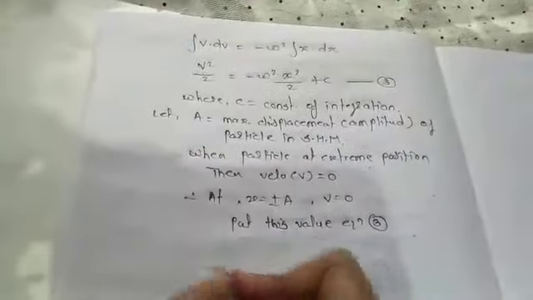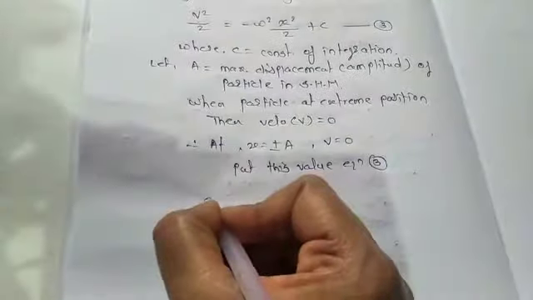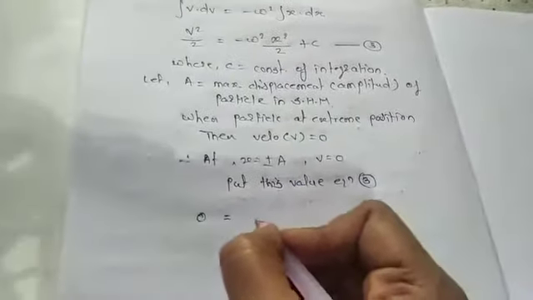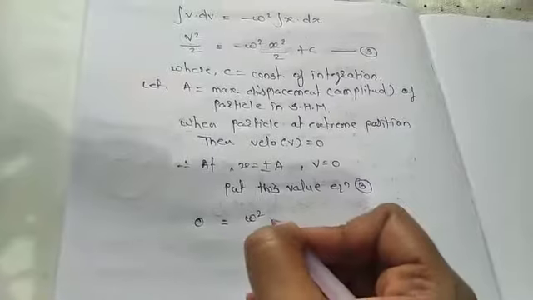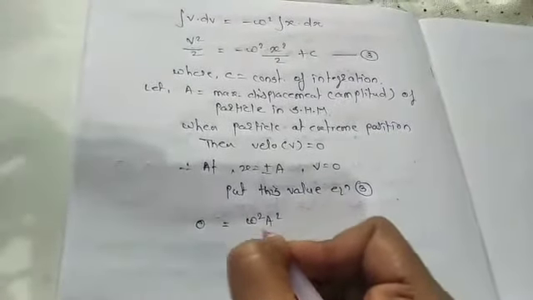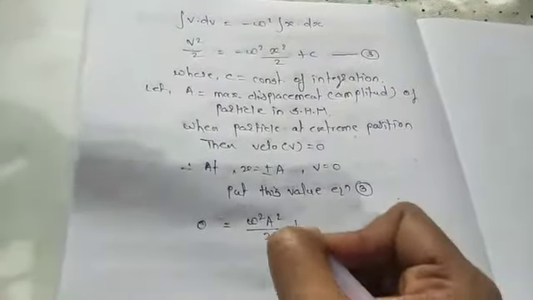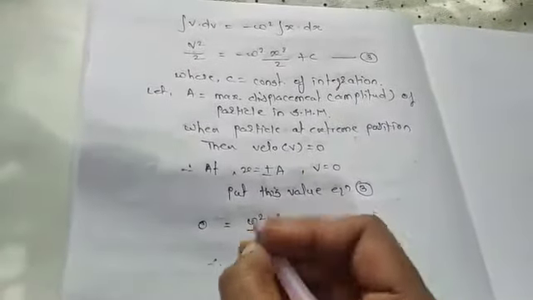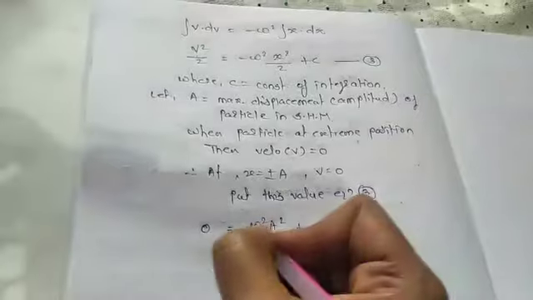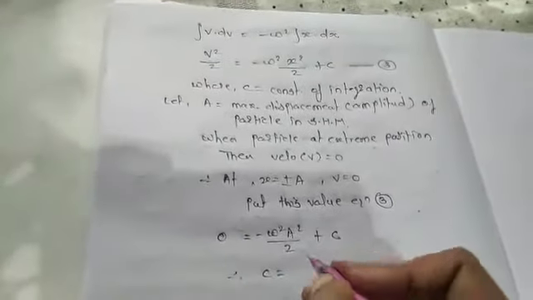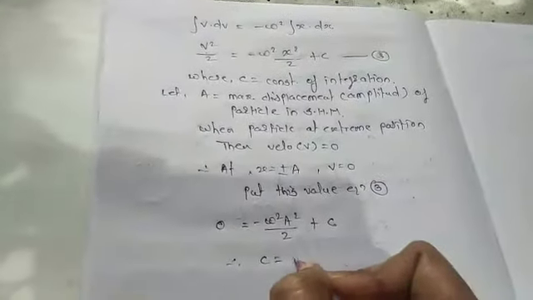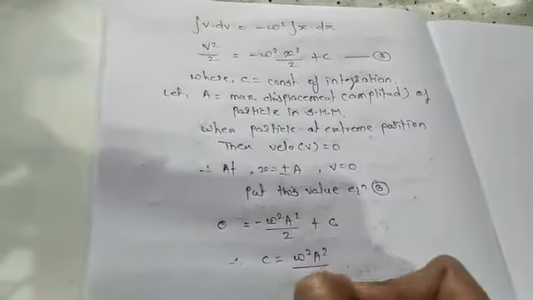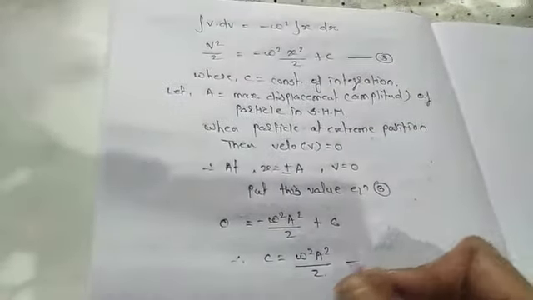As v is 0, equation 3 becomes 0 is equal to minus omega square a square by 2 plus c. Therefore c is equal to omega square a square by 2. This is equation number 4.